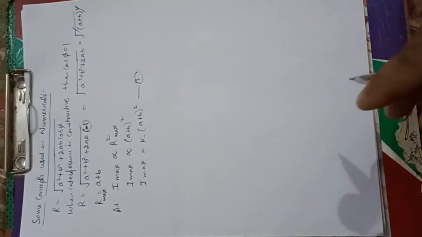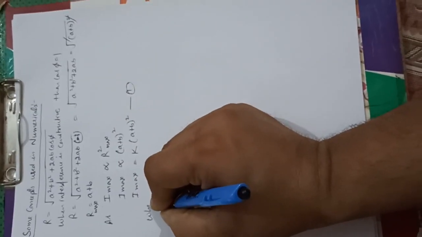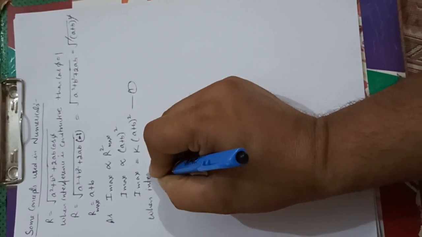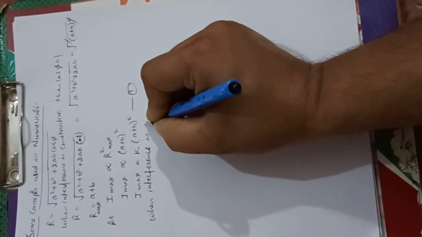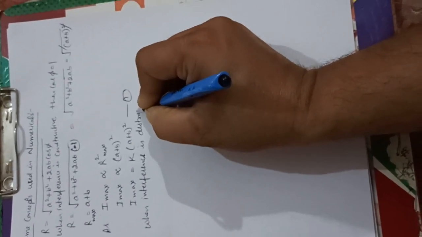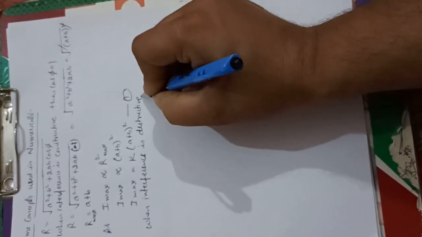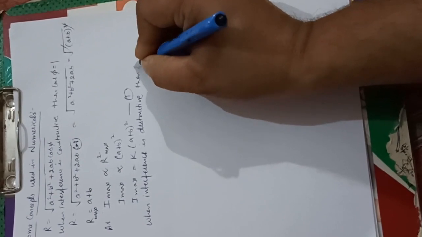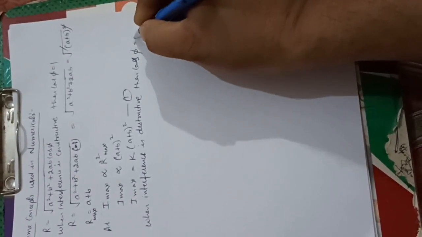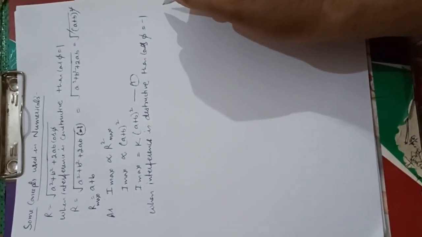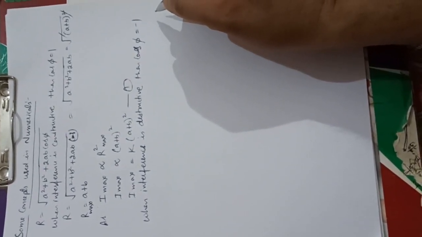When interference is destructive, then cos phi is equal to minus 1.